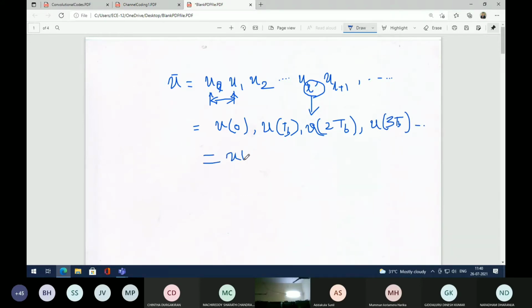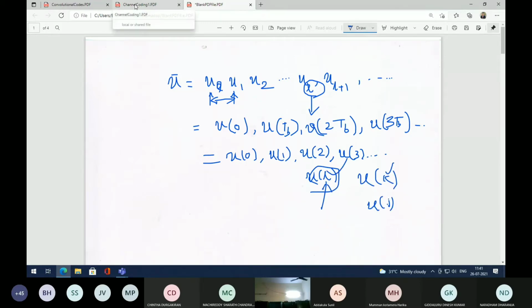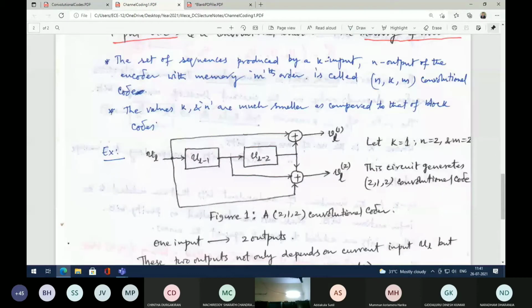Because the bit duration TB is common, I can also write the sequence as U of 1, U of 2. What does it indicate now? It's an index at the time instant. It indicates the time instance. Let us say U of L. This is the Lth time instant.